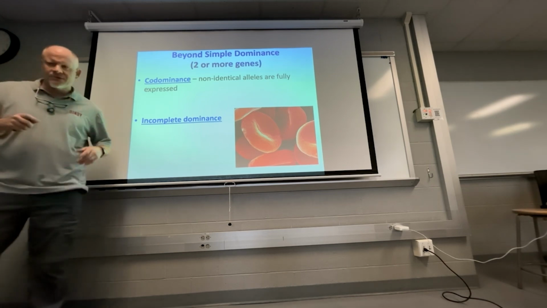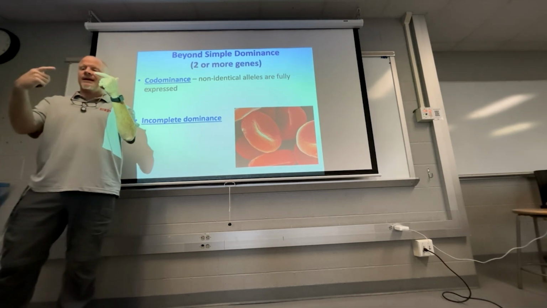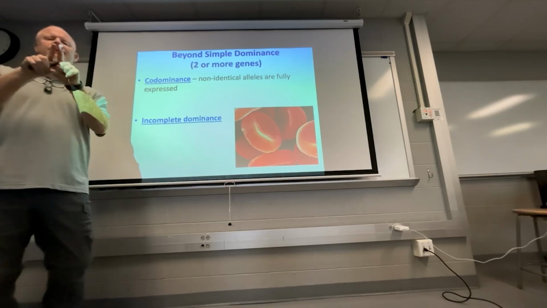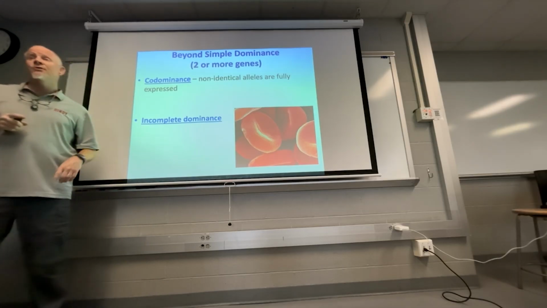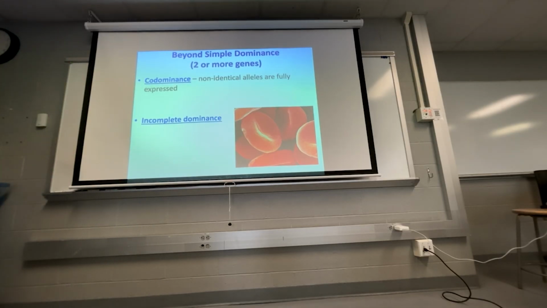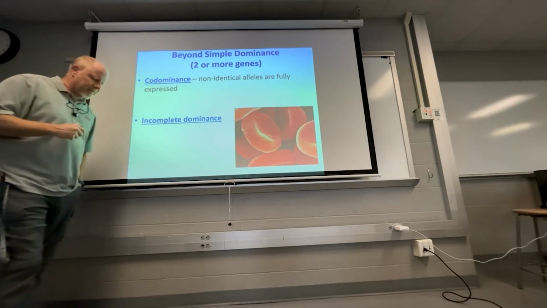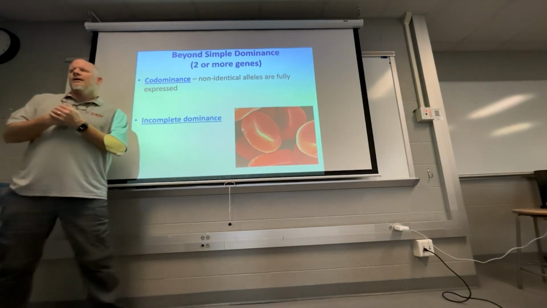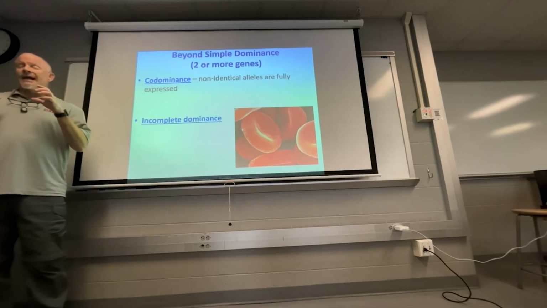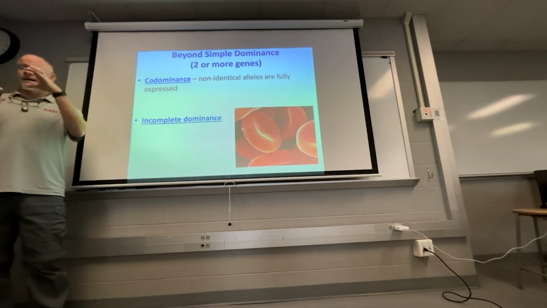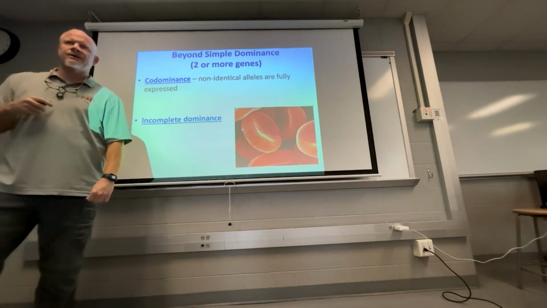And codominance is when two alleles, when they come together in the offspring, are expressed equally or shown equally in the phenotype. Blood typing is a classical or best example of this, where you get antigens, or these proteins that are expressed on the surface of red blood cells, given letters.